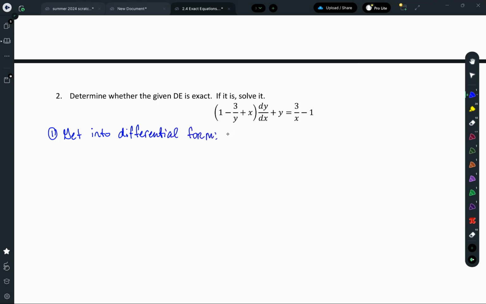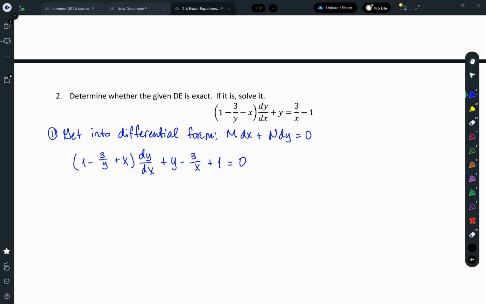And just in case you forget, that's the form M dx plus N dy, and technically equals 0. Okay, so we have (1 minus 3 over y plus x) all times dy over dx plus (y minus 3 over x plus 1) equals 0.